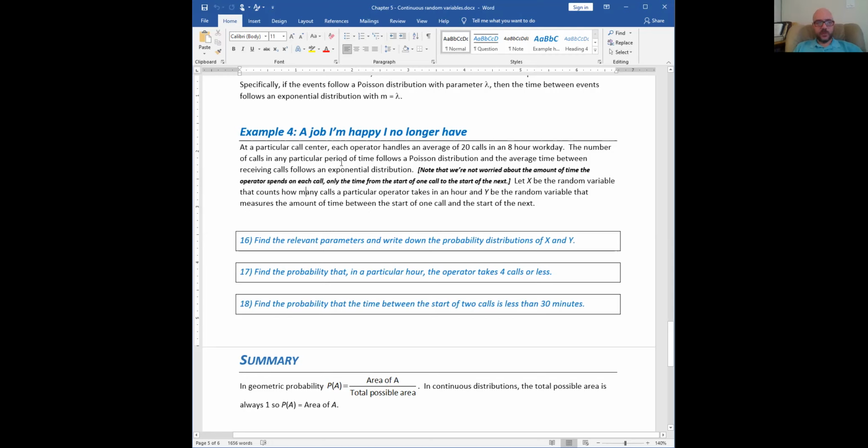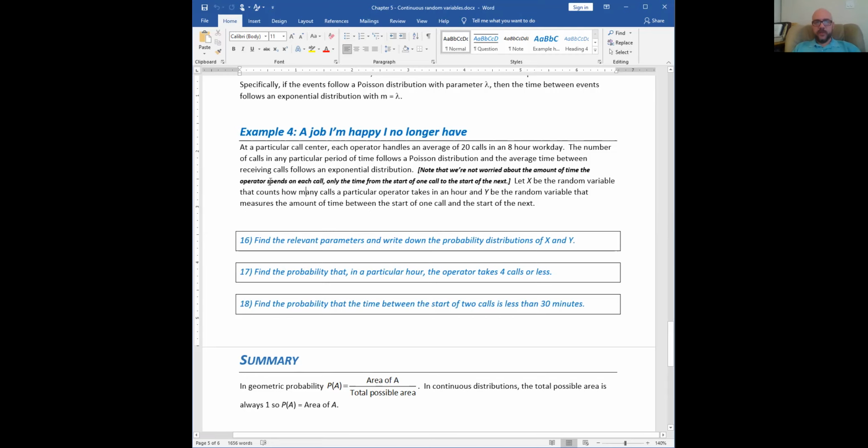The number of calls in any particular period of time follows a Poisson distribution, and the average time between receiving calls follows an exponential distribution. We're not worried about the amount of time that the call itself takes, only the amount of time from the start of one call to the start of the next call. It ends somewhere in here, but we don't care where. I just care how long this time is.